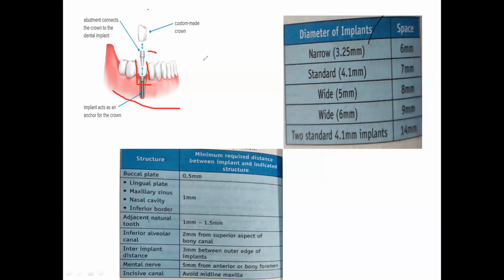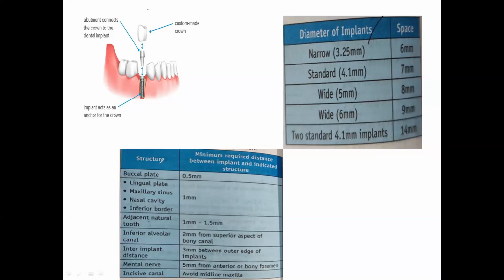In the upper jaw, there can be vital structures like the maxillary sinus and the nasal cavity. So from all directions, there is some standard distance an implant is supposed to have. What are those distances to be considered before placing any implant?